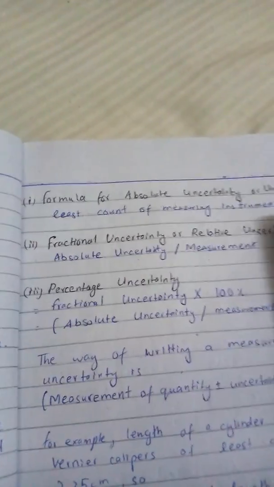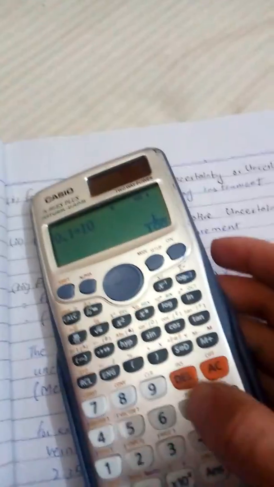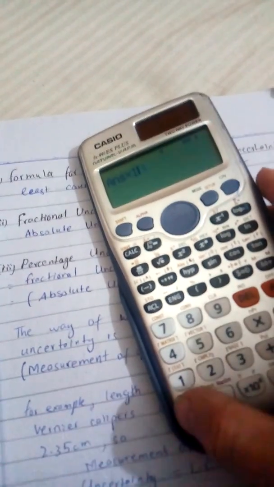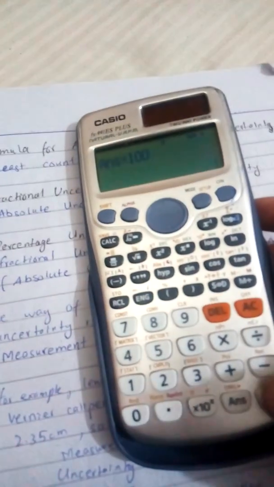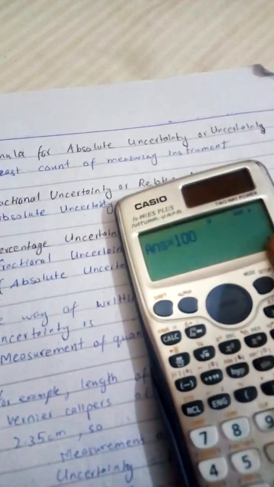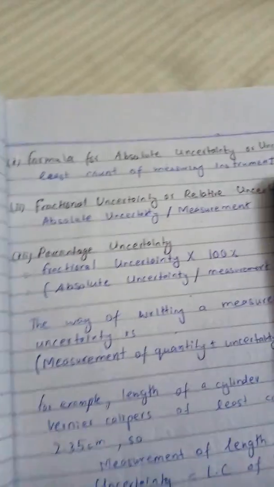And the percentage uncertainty will be, if we multiply the answer with 100, 1%. The percentage uncertainty in a measurement like this one is only 1%. There is 1% uncertainty in the measurement.